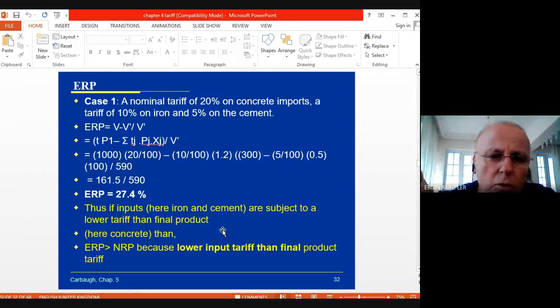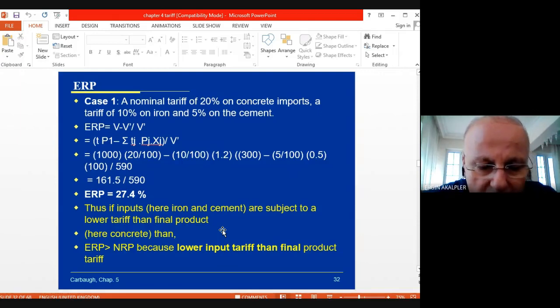Then the effective rate of protection is 27%. Thus, the nominal tariff applied to the concrete is 20%, and the tariffs applied to the inputs are 10% and 5%, so altogether the effective rate of protection is very high and considerable in this first case. Therefore, if inputs, here iron and cement, are subject to a lower tariff than the final product, here concrete, then the protection becomes stronger.